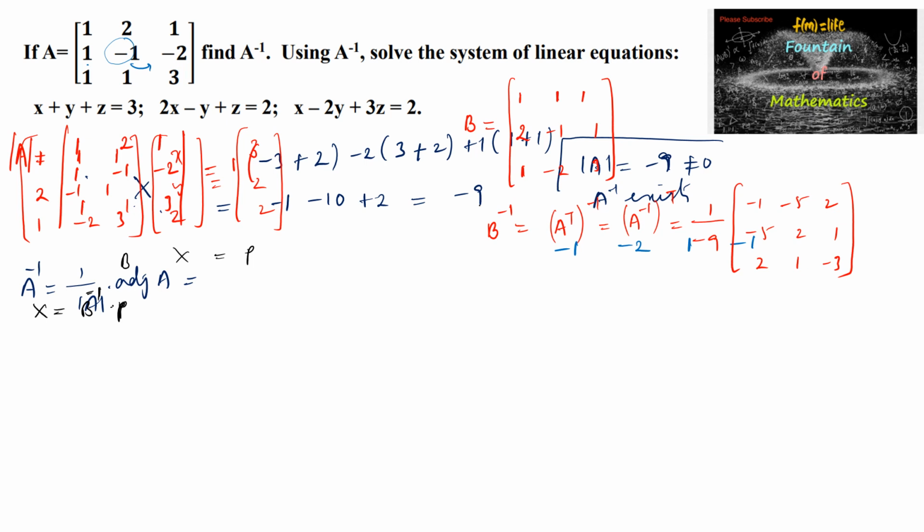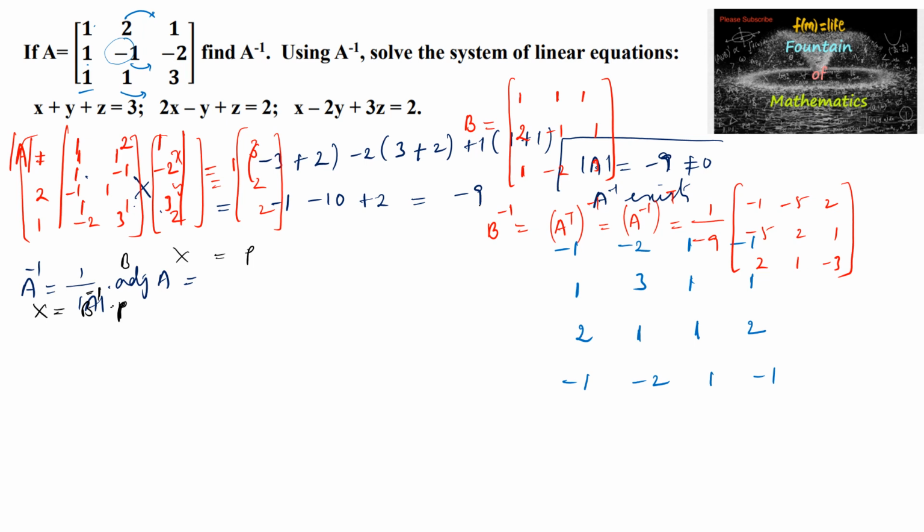Similarly, continue with the third row, second element 1, then 3, then back to 1, and end up with 1. Now coming to the first row, 2, then 1, then 1, ending up with 2, and now end up with the same second row, minus 1, minus 2, 1 and minus 1, so that we can find the adjoint.